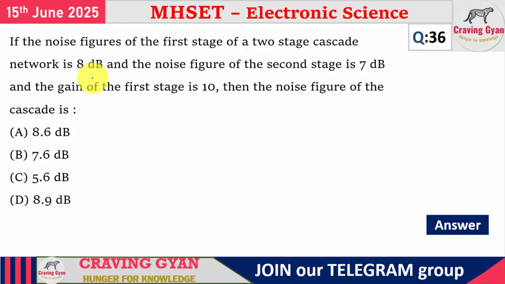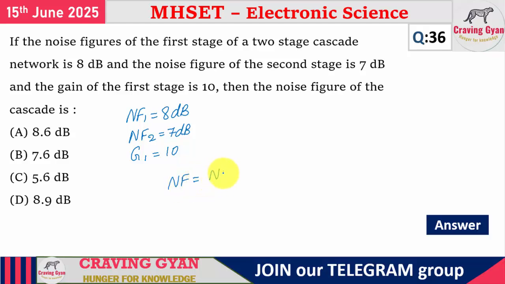36th question what they have given is, if the noise figure of the first stage of a 2-stage cascade network is 8 dB, nothing but noise figure 1 they have given as 8 dB, and the noise figure of the second stage they have given as 7 dB, and then the gain of the first block is 10 they have given. What is the overall noise figure?